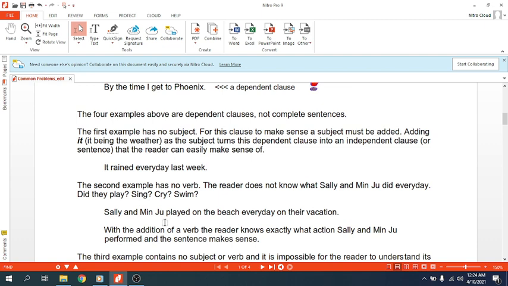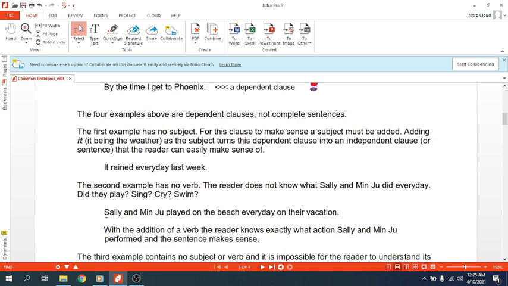"Sally and Minju played", "Sally and Minju went to watch" apa gitu ya, mungkin at the theater for the first time after COVID ya. So you add any verb, pokoknya tambah aja verb biar kalimatnya lengkap.